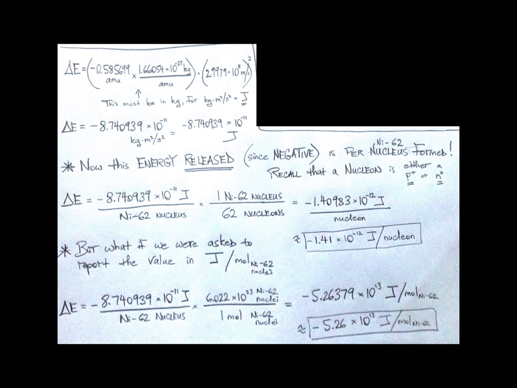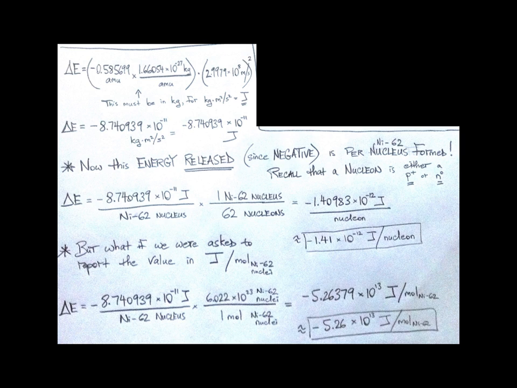So we do need to convert that AMU to kilograms using the conversion provided. Then we need to multiply that by the speed of light squared. Once we've simplified this value, we now have joules, the energy that was released because it is a negative value. But it's the joules that has been released per nucleus, per nickel 62 nucleus formed.